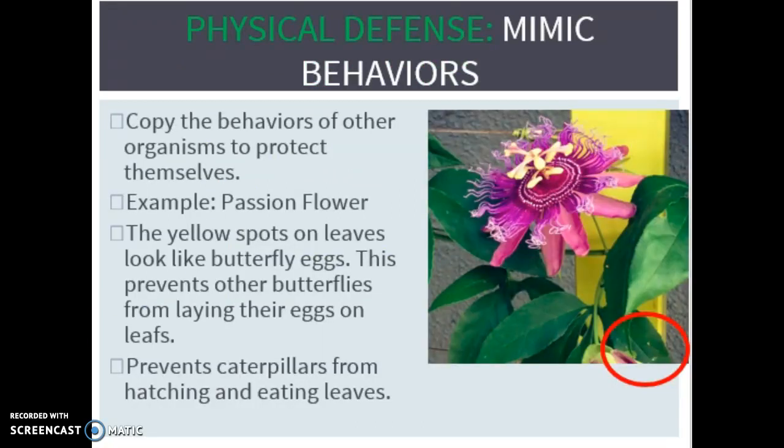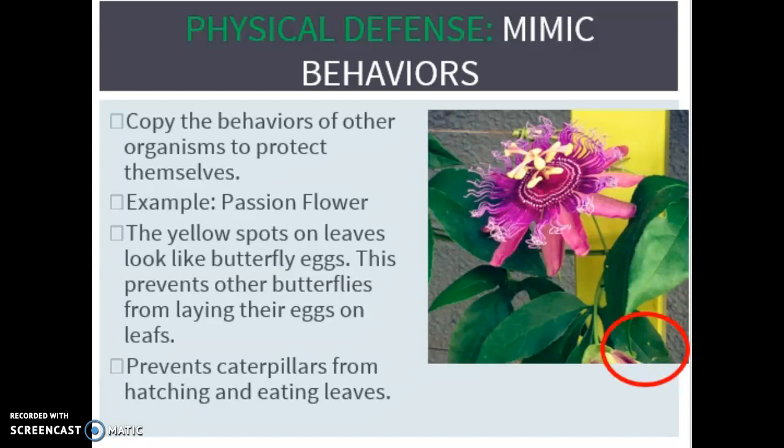Another physical defense is called mimicking behaviors. That would be something like the moonstone. It looks like a rock, so that is a physical defense. So in our pictures, there's only one that we haven't seen up here, so we now know which one's not a physical defense.